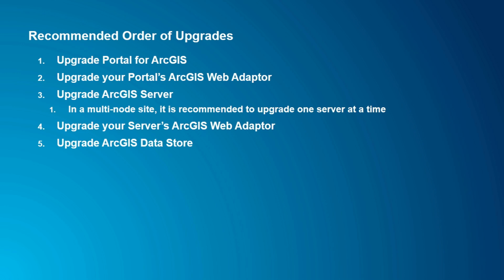If you have a multi-node site, it's recommended to upgrade one server at a time. So if you have a 2-machine site, upgrade machine 1. Once that's complete, upgrade machine 2. Once all those are upgraded, upgrade your ArcGIS Server's web adapter. And then lastly, upgrade your ArcGIS Datastore.